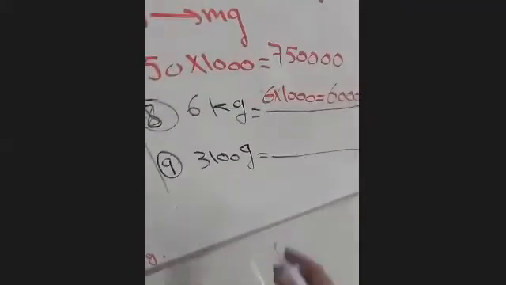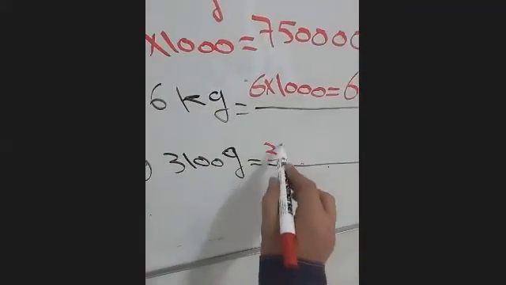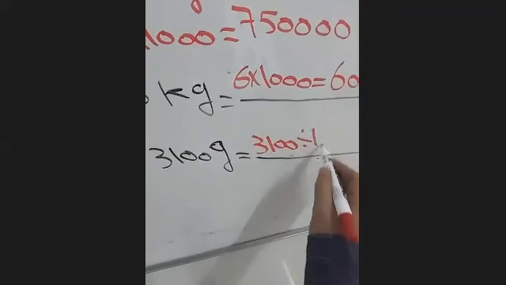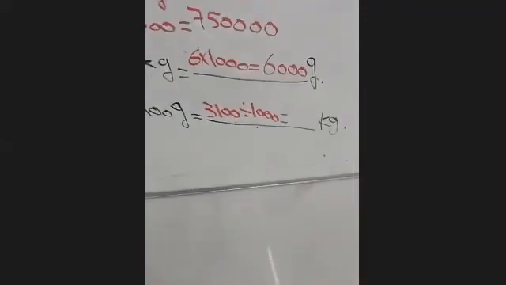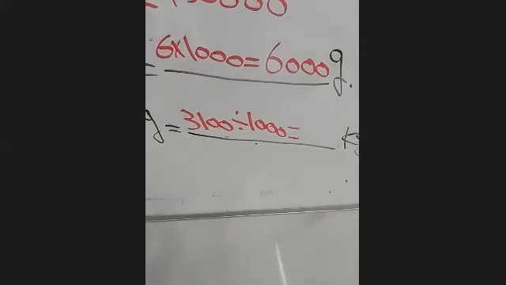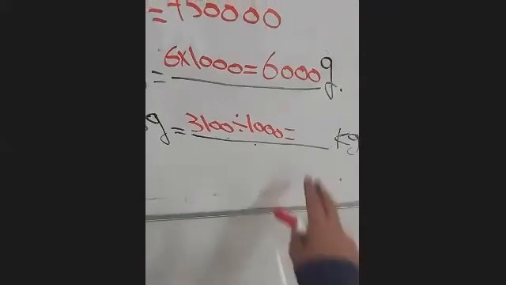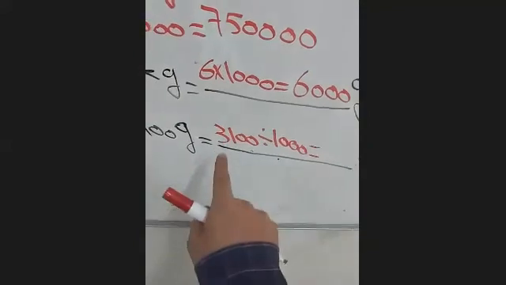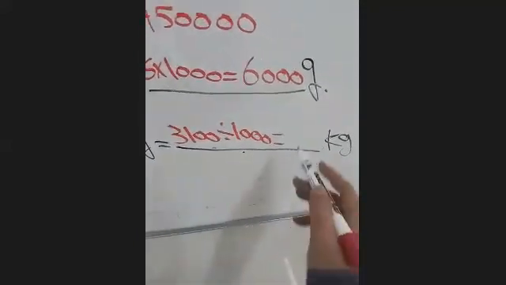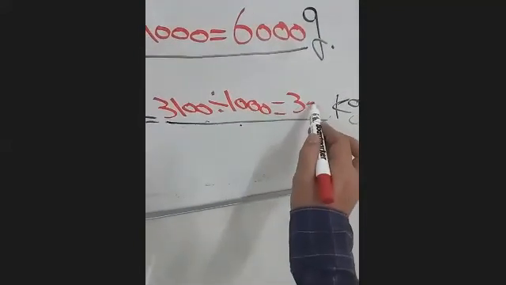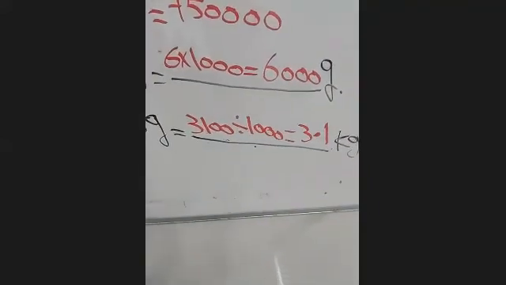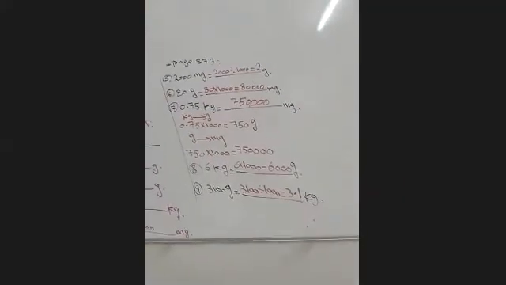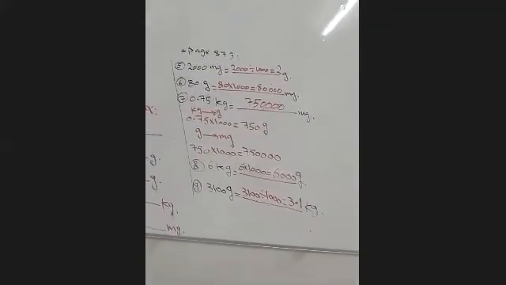Let's divide 3,100 by 1000. We cross out 2 zeros here and here, then divide 31 by 10. It will be 3.1 kilogram. This is question 9, guys.